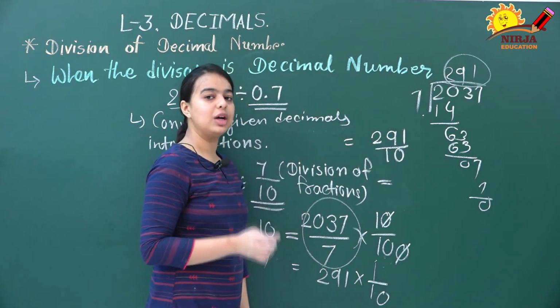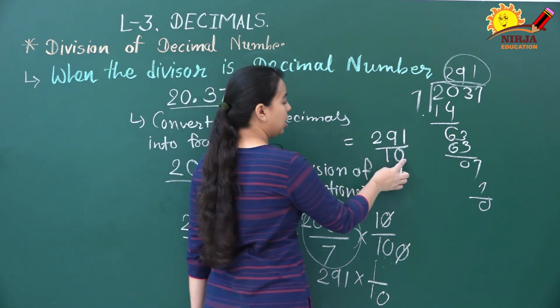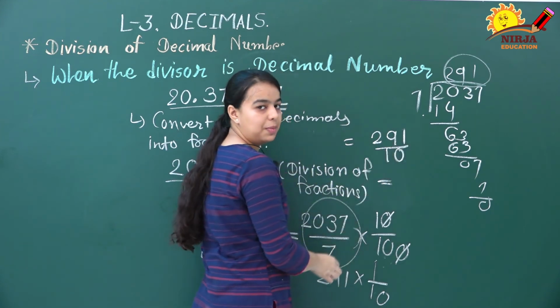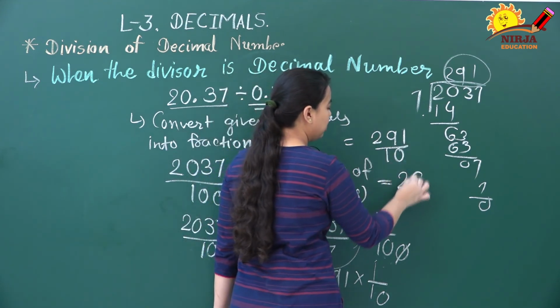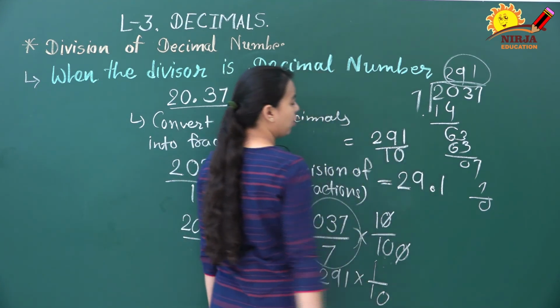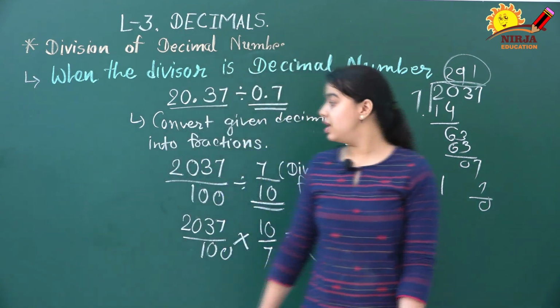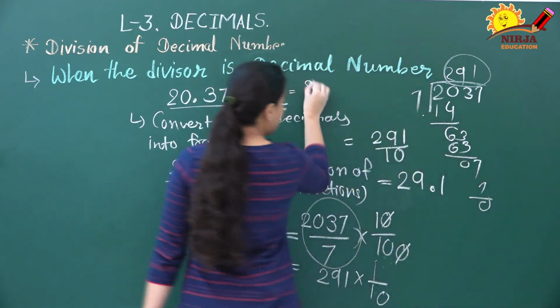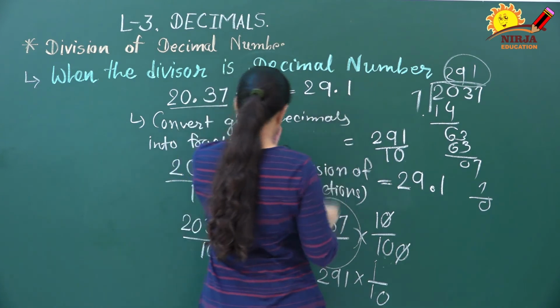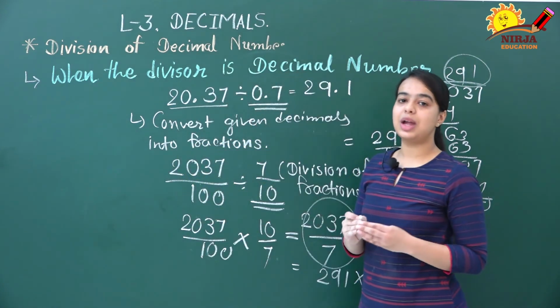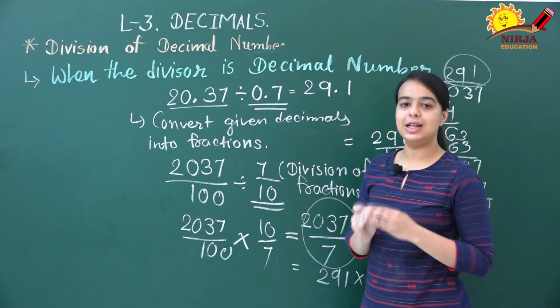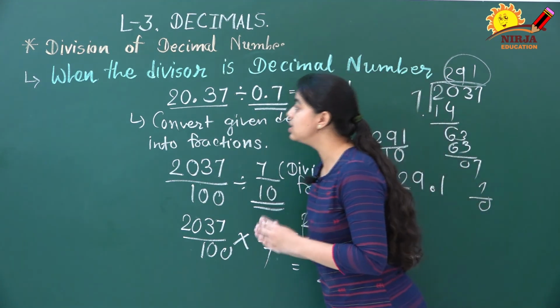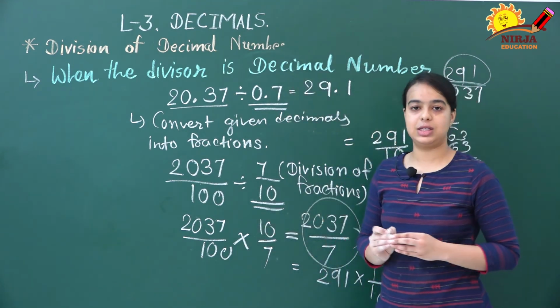We need to put our decimal point after one place over here. So it will become 29.1. So our answer for this is 29.1. So this way you can divide a decimal number by a decimal. That means if the divisor is given in the form of a decimal number.